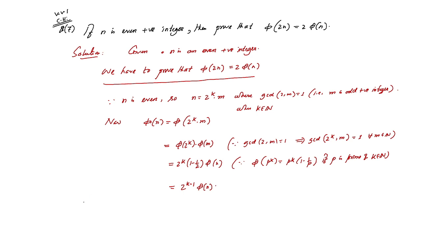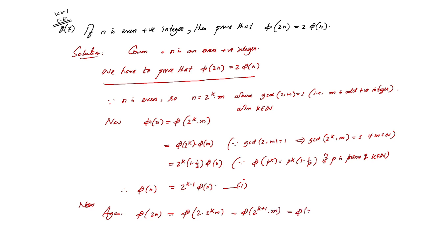Okay. So we get phi of n equals this. This is 1. Again, we calculate phi of 2n. What will be phi of 2n? That will be phi of 2 into n, where n is 2 to the power k into m. That means phi of 2 to the power k plus 1 into m.